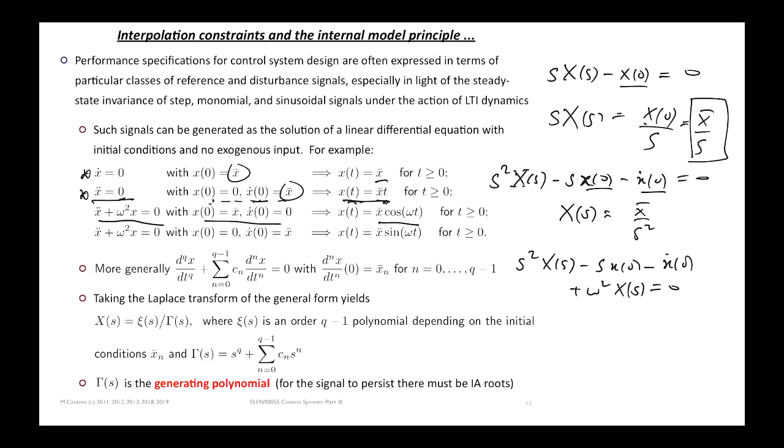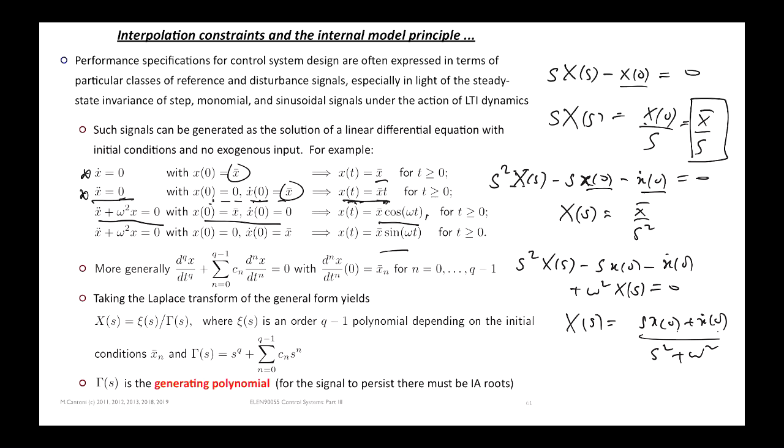And if you rearrange that, you get X(s) is s x naught plus x dot naught divided by s squared plus omega squared, which looks like the Laplace transform of cos, right, when x naught is x bar, right, and this is 0, or sine.